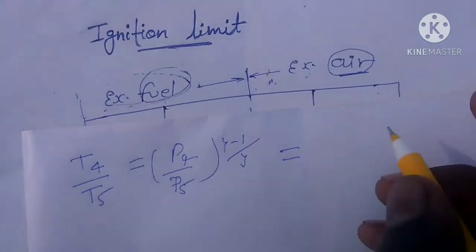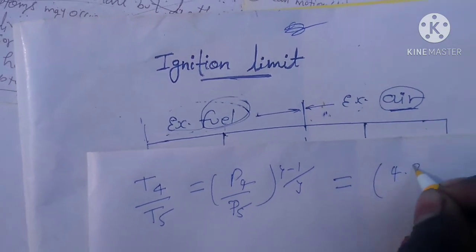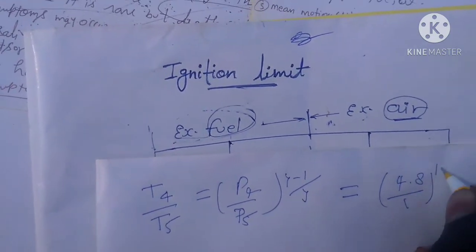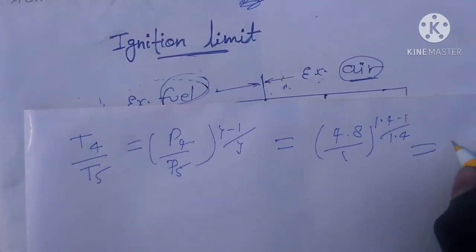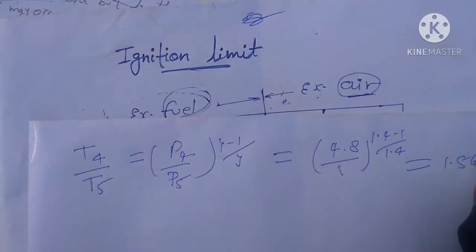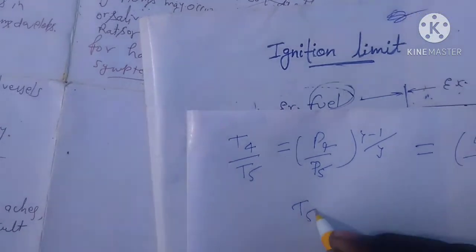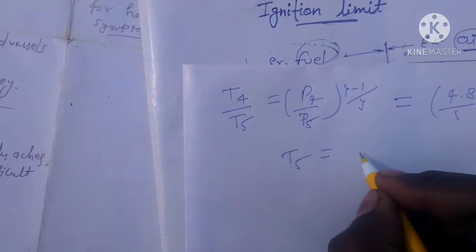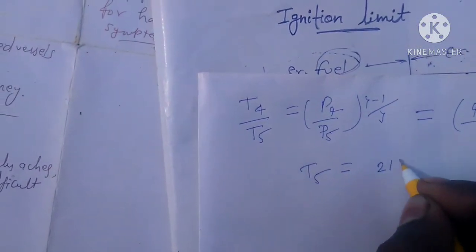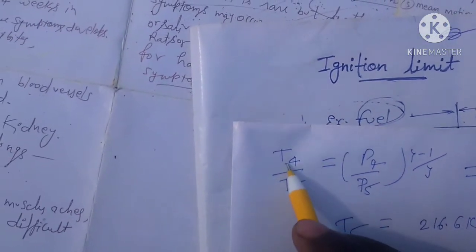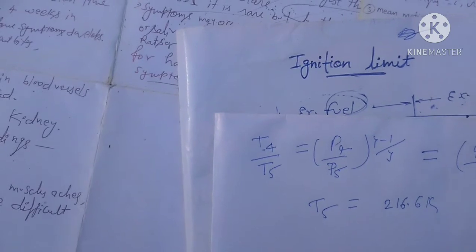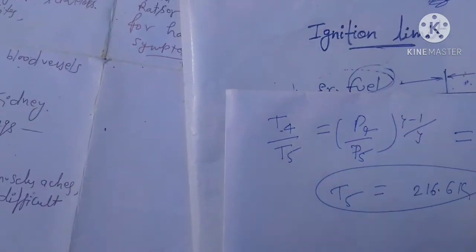Putting all values, 4.8 divided by 1, to the power 1.4 minus 1 divided by 1.4, after calculation you find 1.565. Then T5 becomes 216.6 Kelvin, since T4 is given as 339. You put it here and directly find the T5 value.